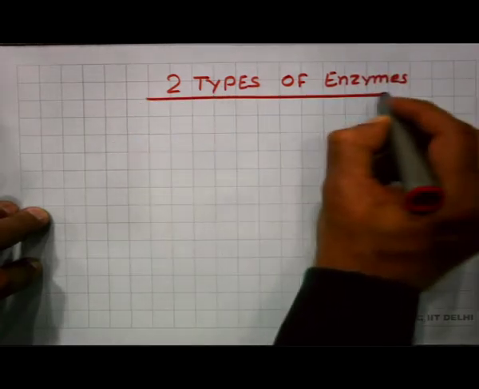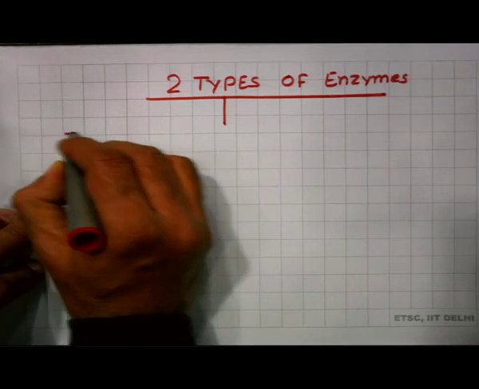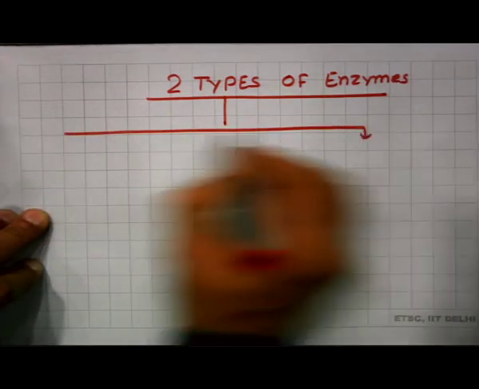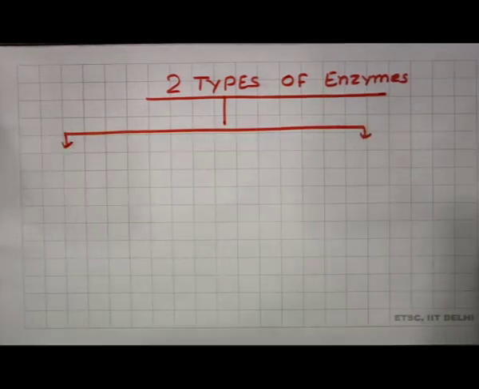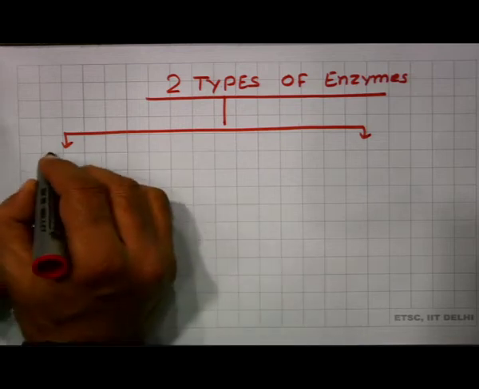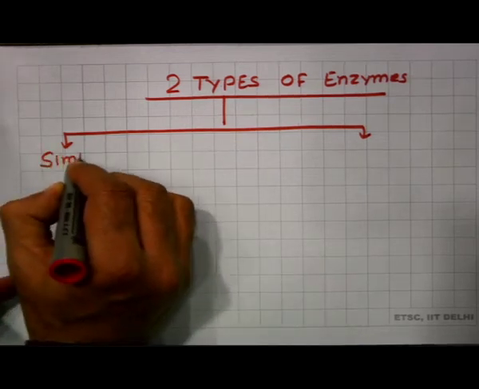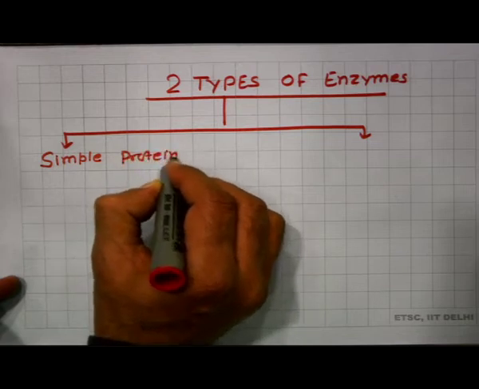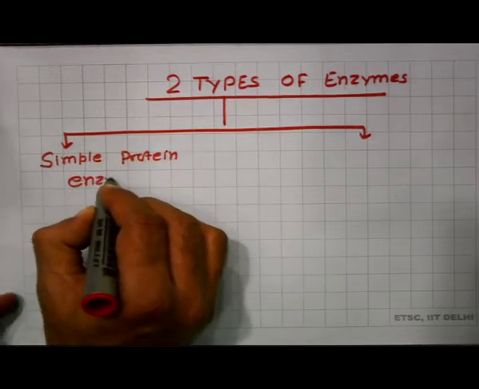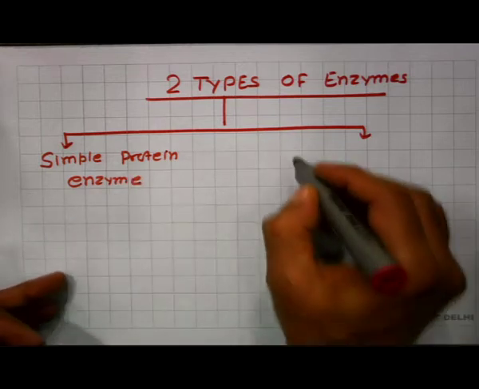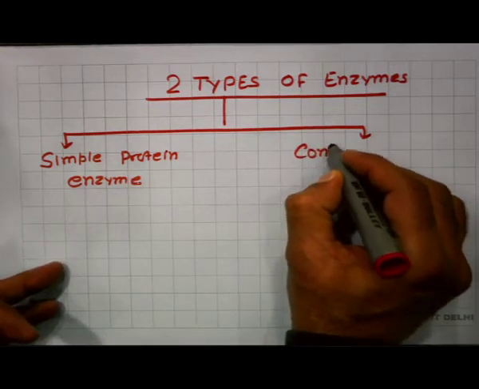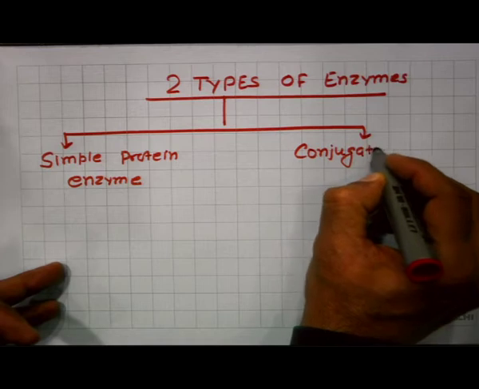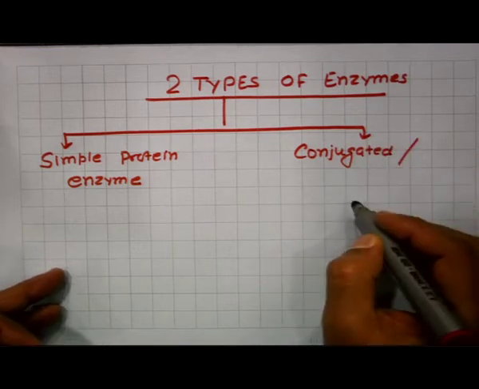These two types are, firstly, simple protein enzyme, or conjugated enzyme. Conjugated enzyme is also called holoenzyme.